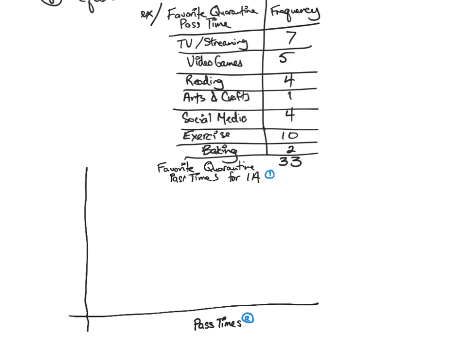So that would be frequency of selections by 1A students. So this is 3.